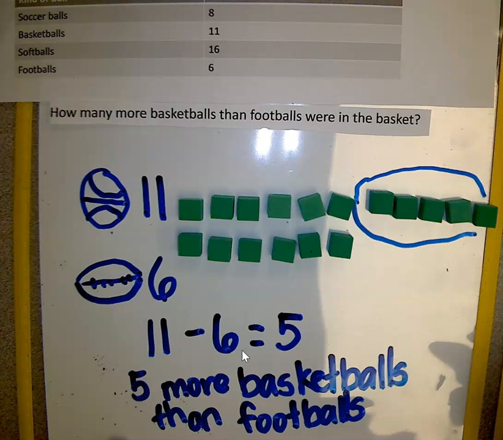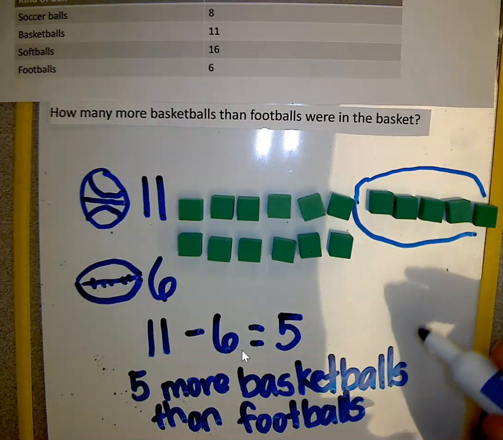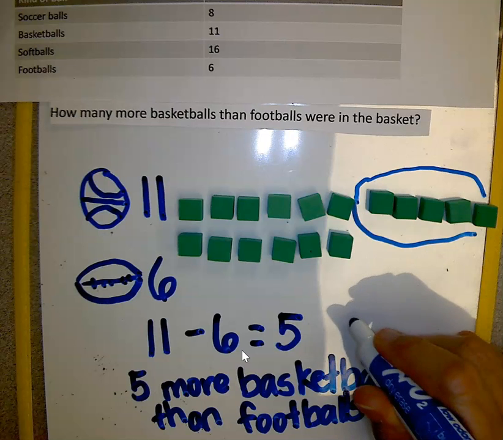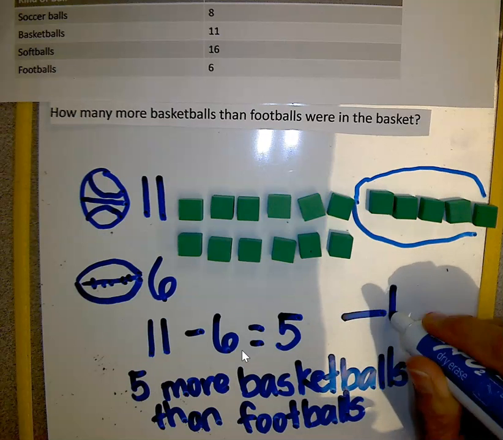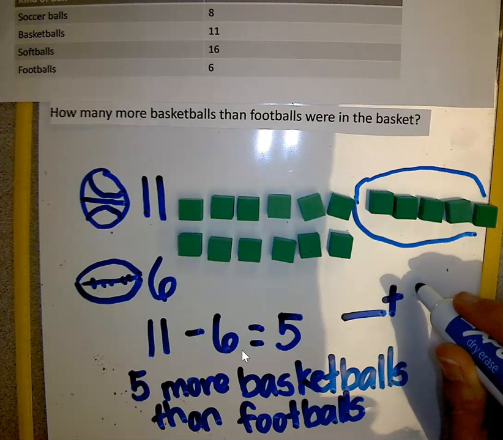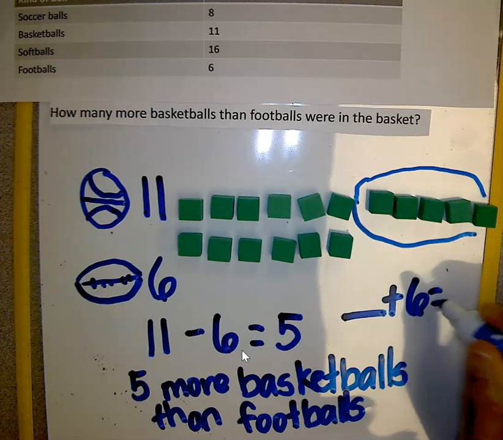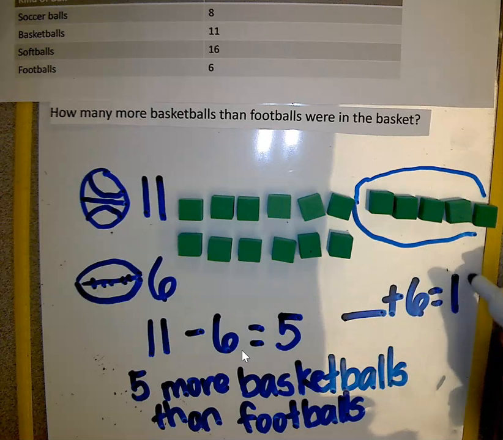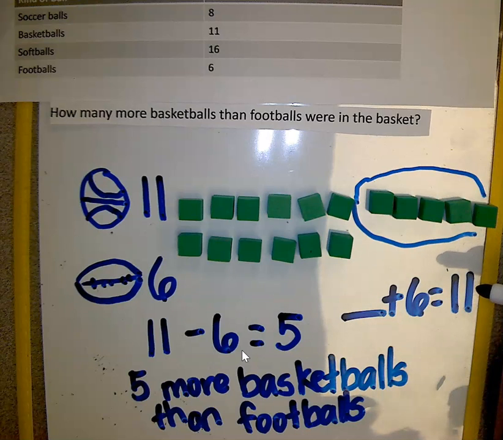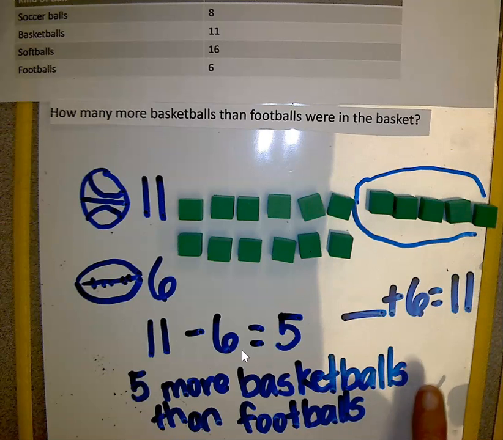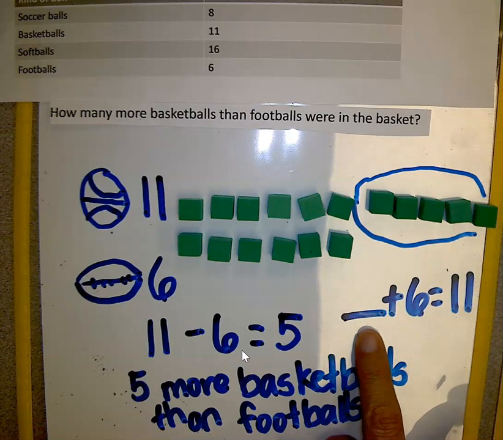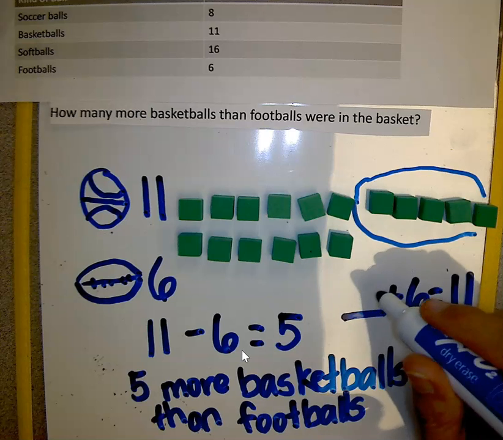Okay, another way I could think about this is that I know that something plus 6 equals 11. So I know that 6 plus 6 is 12 because I know my doubles.